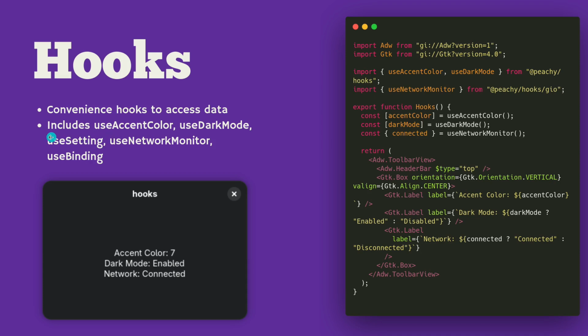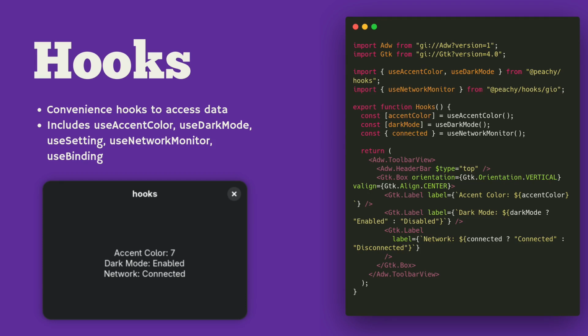For example, you can use this use setting hook to check for the user's background, or even check if they have dynamic workspaces enabled. We also have a hook for network monitoring, checking if the user is currently connected, and use binding to check the value of a property. And of course, all these hooks will always return updated data.